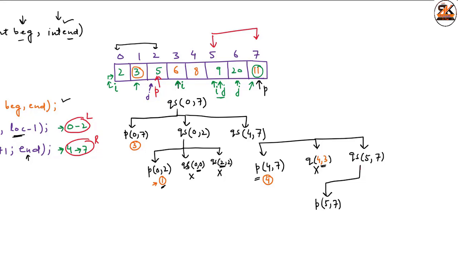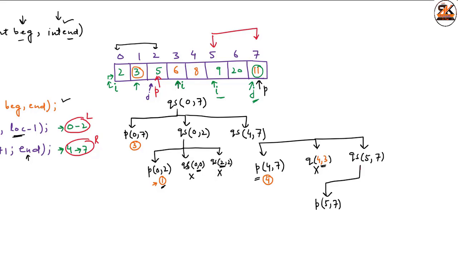Now j has contents 20, and 20 is greater than 11, so nothing will happen, we just increment j, and now j is pointing to the pivot element. Fine. Here our loop will stop working.